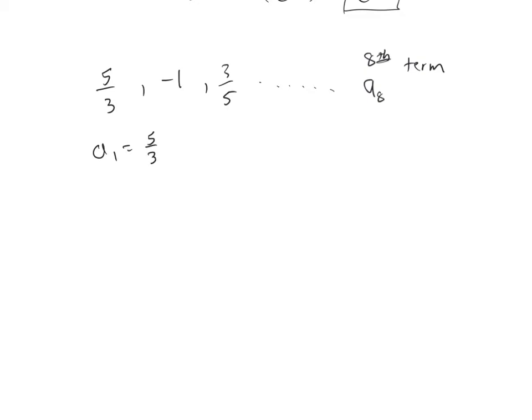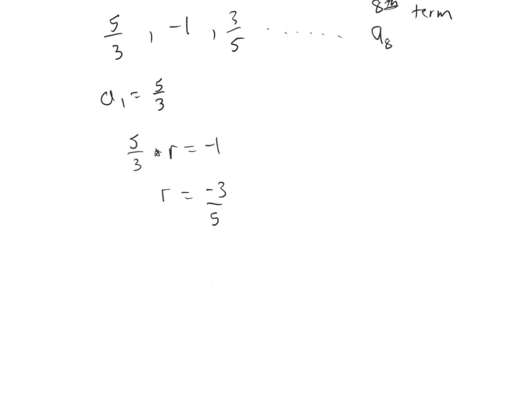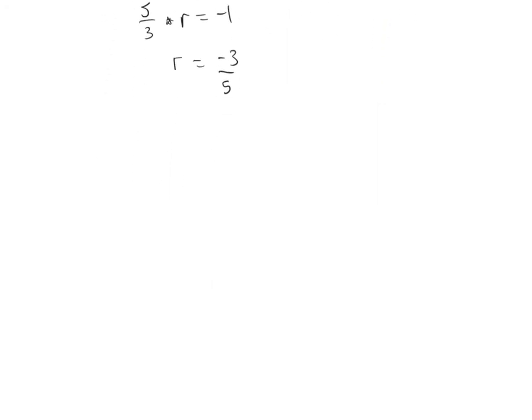We need to find r, right? So we need to see what times 5/3 would make -1. Or in this case, not x, r. So here r should equal what? -3/5.